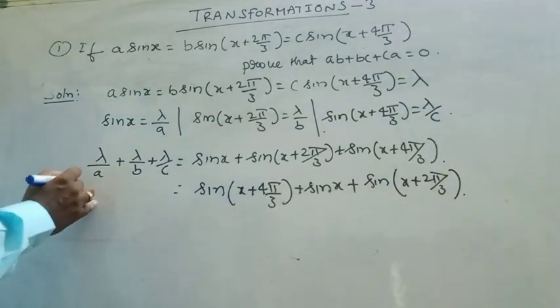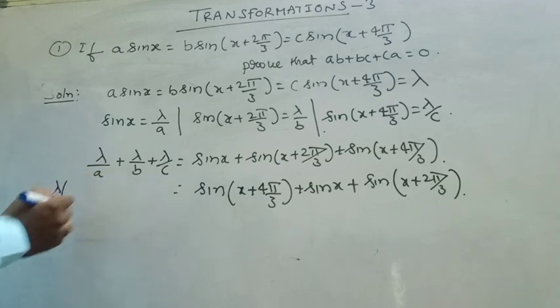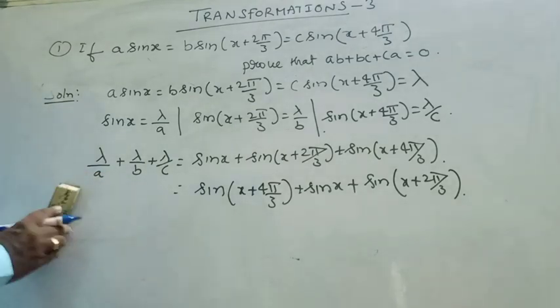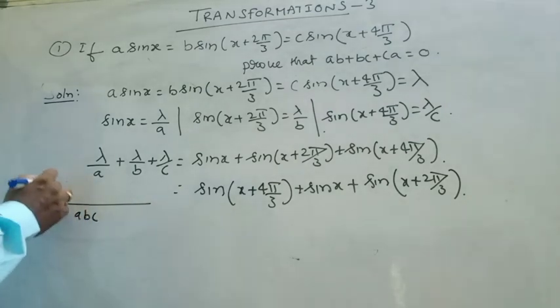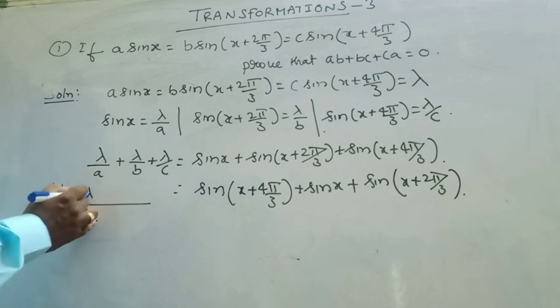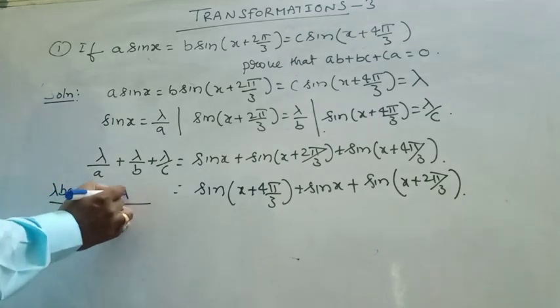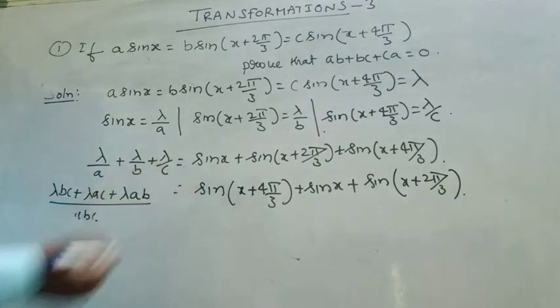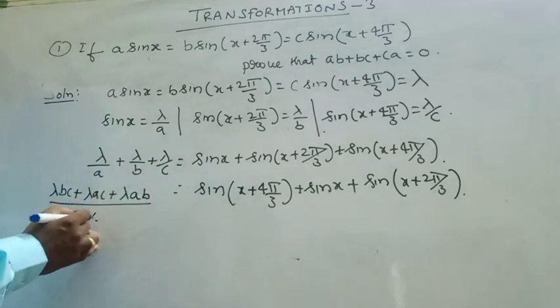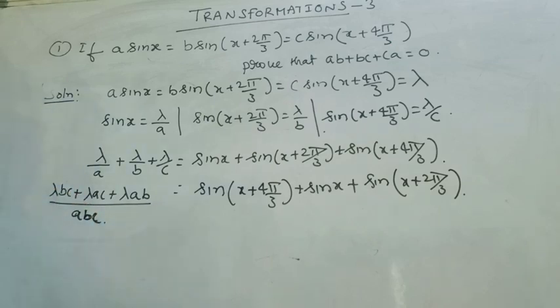If I take common here, let us take the LCM. If you take LCM as ABC, then we are going to get lambda times BC plus lambda times AC plus lambda times AB, where ABC is the LCM.